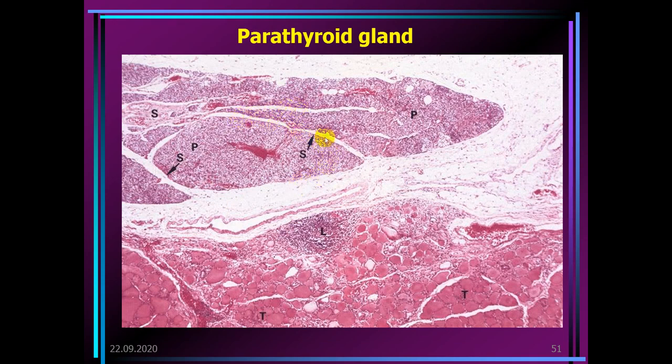You can see sheets of epithelial cells and plates of loose connective tissue which start from the capsule. You can see the connective tissue capsule which covers the gland, and you can see that this gland is located on the capsule of the thyroid gland. This is the section of the thyroid gland with its follicles and also septa and clusters of parafollicular cells between the follicles.